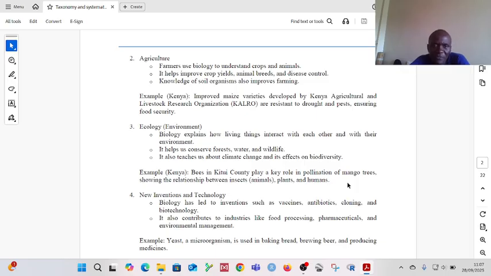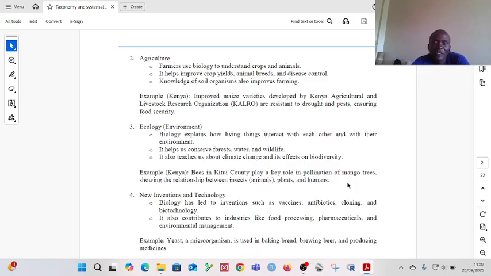Another important aspect of biology is we can use it in ecology. So in ecology, biology is key because it explains how living things interact not only with each other, but also with the environment.